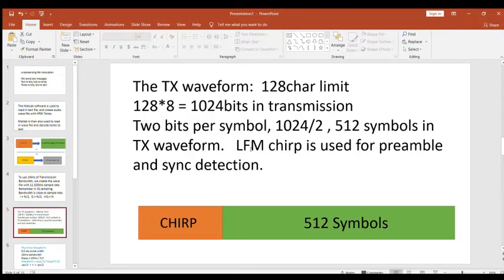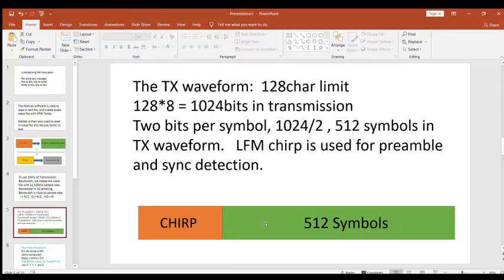And we'll put a linear FM chirp at the beginning, and we'll use that mainly to detect when the signal is inbound. It's mainly for a preamble and sync detection as well. If we were just to put the bits here, it'd be very hard on the receiver end to know when this is starting.